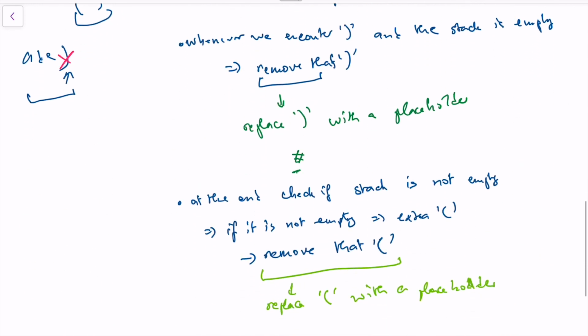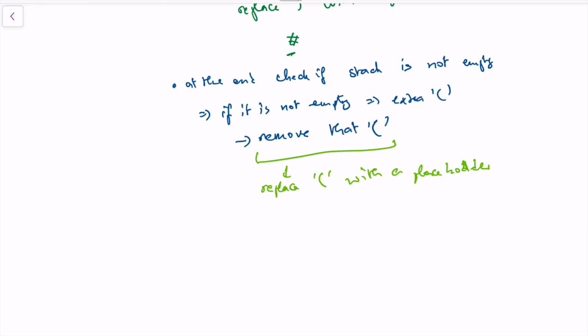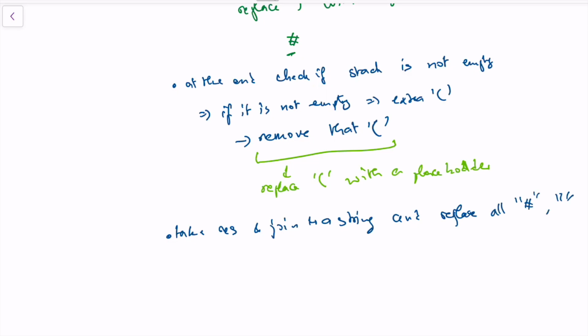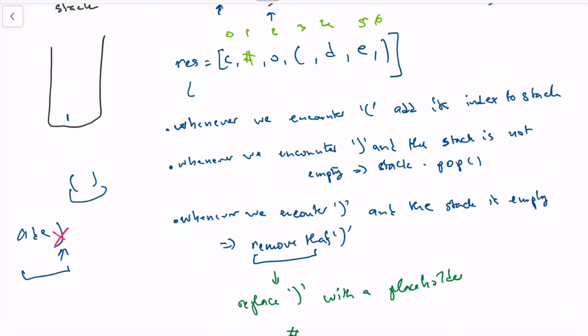So now in the final step we can just take res and join the elements, because it's a list of characters, and replace all occurrences of this with an empty string, right? And so our res here will become C, and since we replace this one with an empty string, it's not there, we have an open parenthesis D, E, and you can see this one here is a valid string, right?